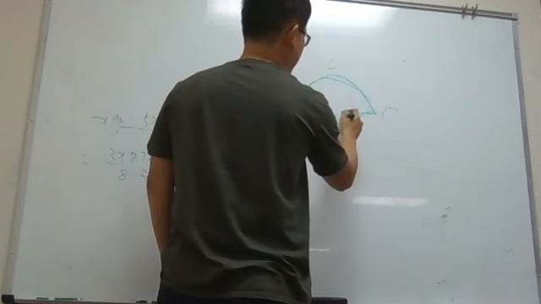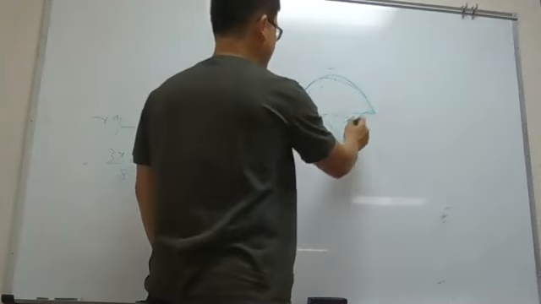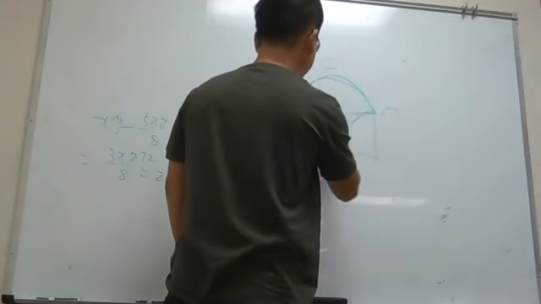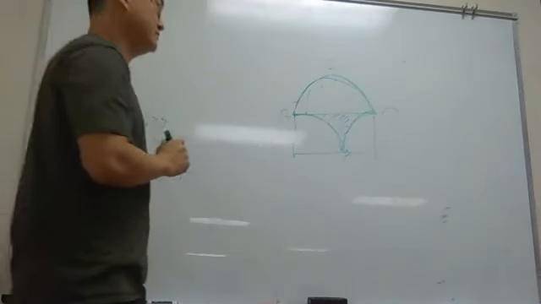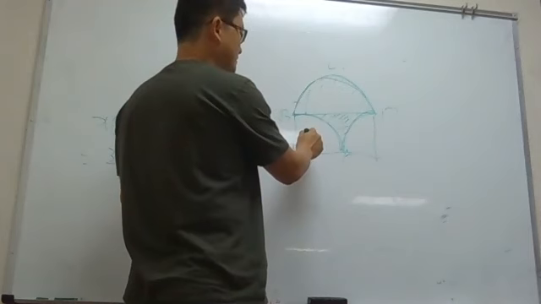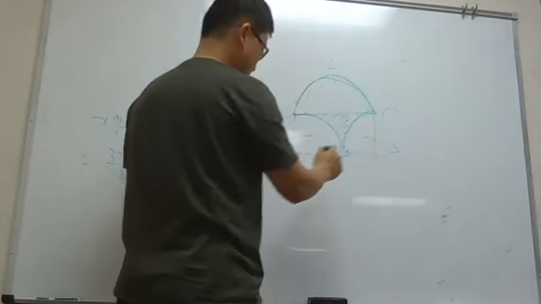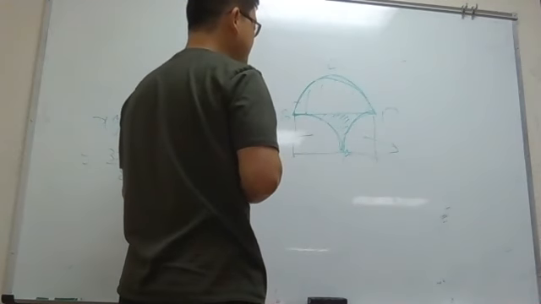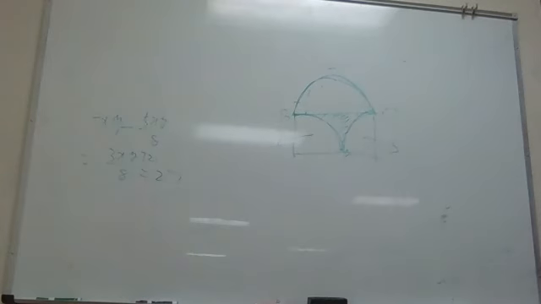You can draw a line parallel to BD that contains point A. Then you get to connect the quarter circles. And this is a rectangle, so you can just flip the quarter circles and do the rectangle minus the quarter circles.